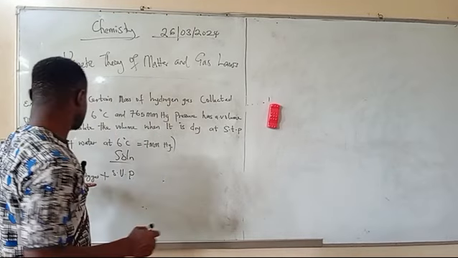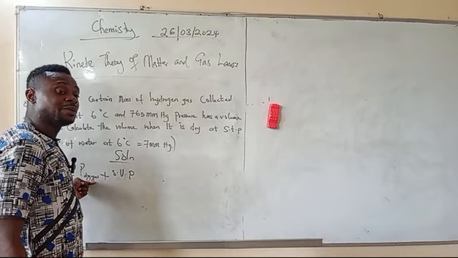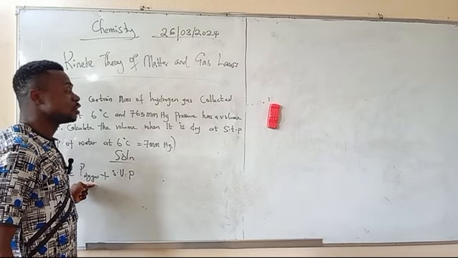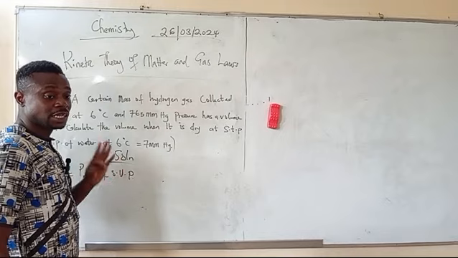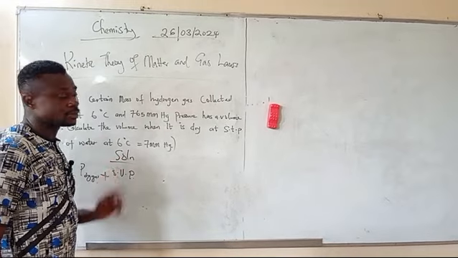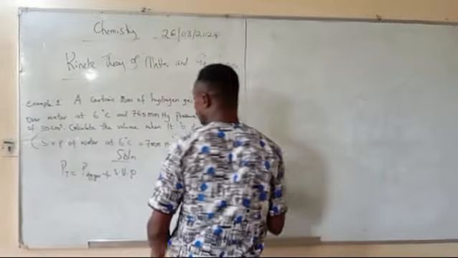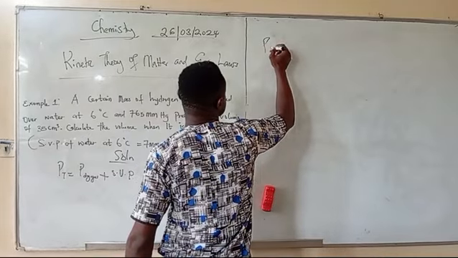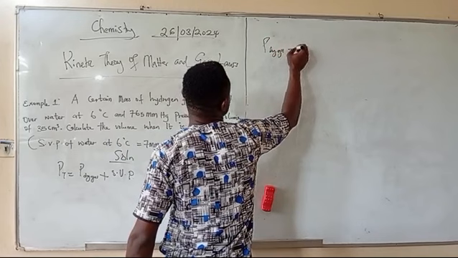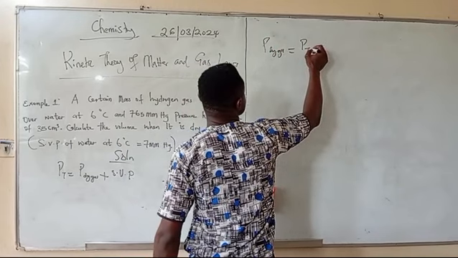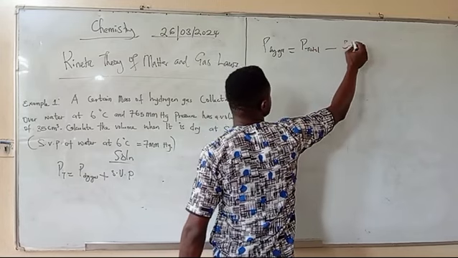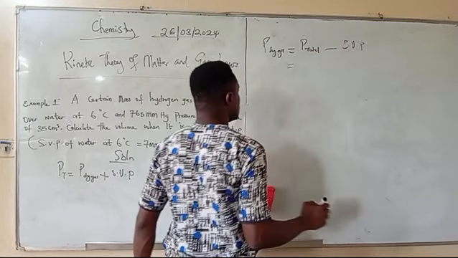So from this relationship now, pressure of the dry gas is 765 millimeter mercury minus what? 7 millimeter mercury.